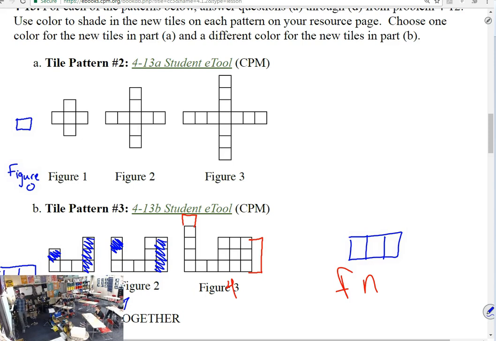Then, how could you describe the amount of squares that go up here for any of these, and the amount of squares out there for any of them?